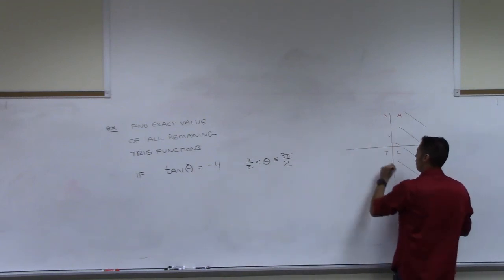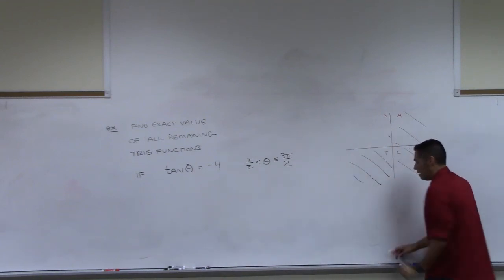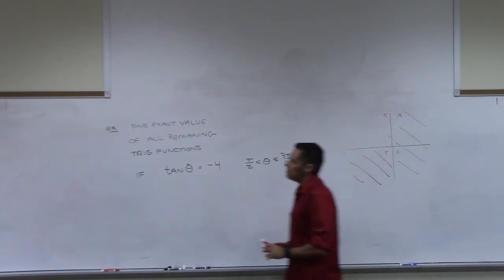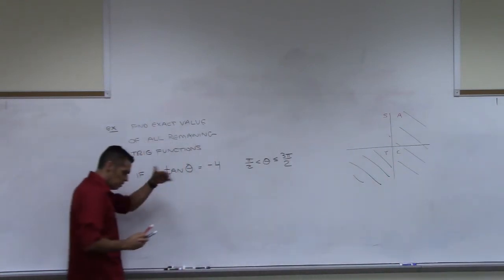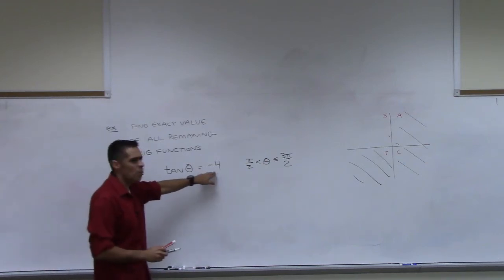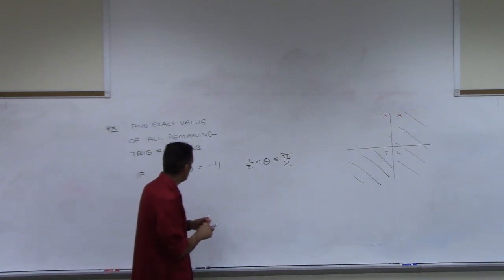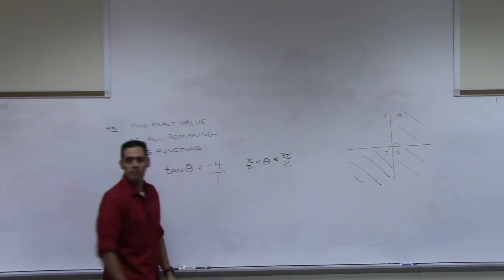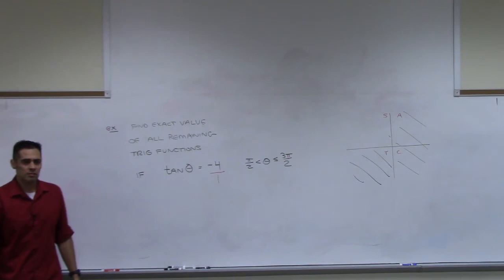Okay, so we are not here. All right, so tangent, by definition, what is tangent? It's what over what? Y over x. So I need to look at this negative 4 as being negative 4 over 1. Look at it as a fraction.